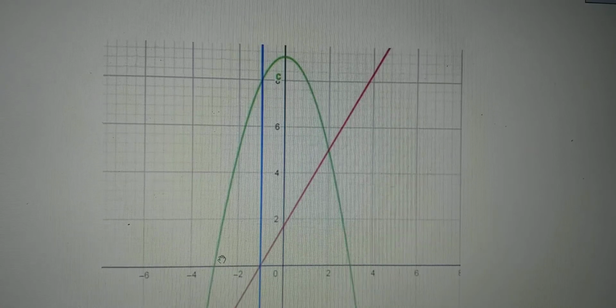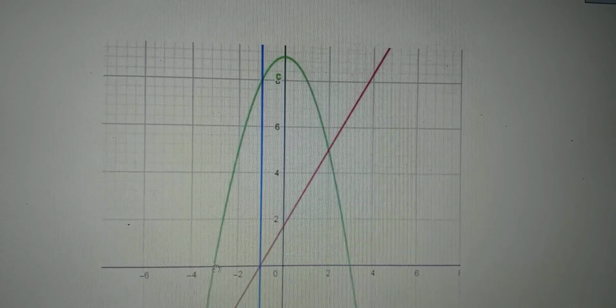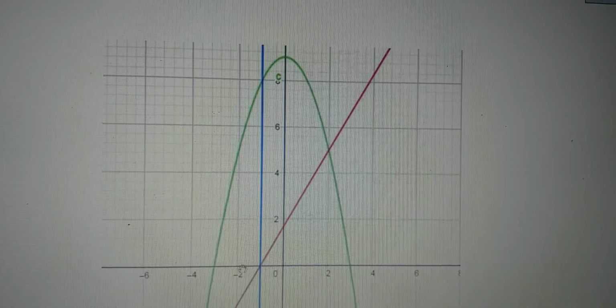Now we will find the area of R. We use the x orientation, so we must divide it into two parts. The first part is this region, and the second part is this region.